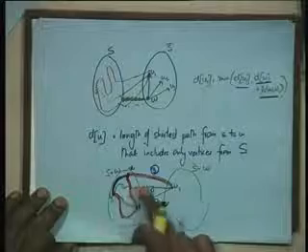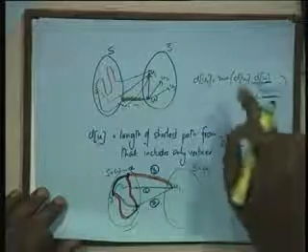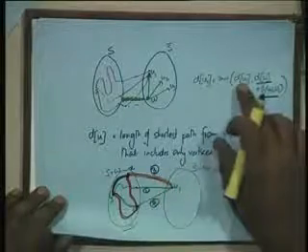If it does not include the vertex W, then we know that the length of such a path cannot be more than D of u1.